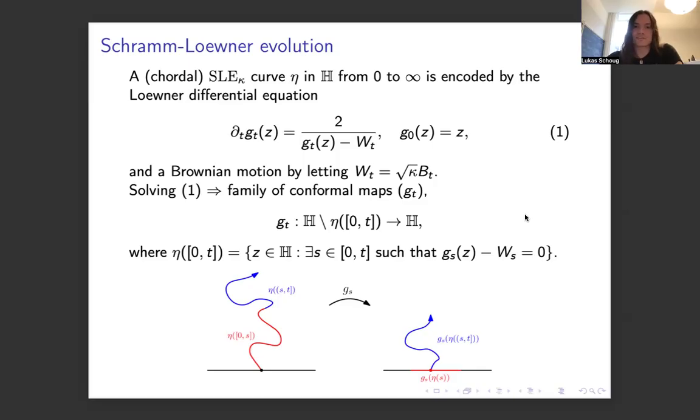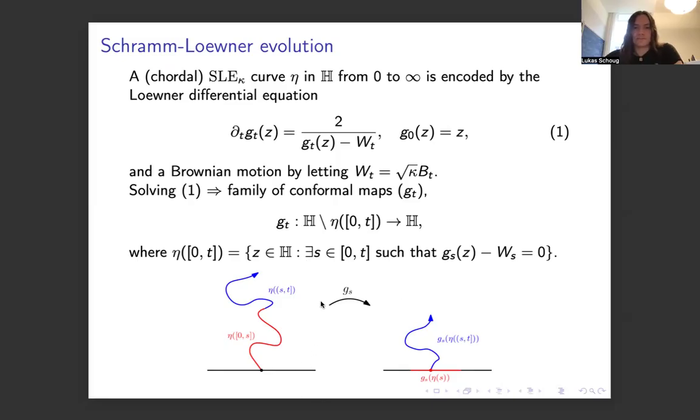Not much, but then this set for which the solution does not exist beyond time t turns out to be a simple curve, and this is the so-called SLE kappa curve run up until time t.